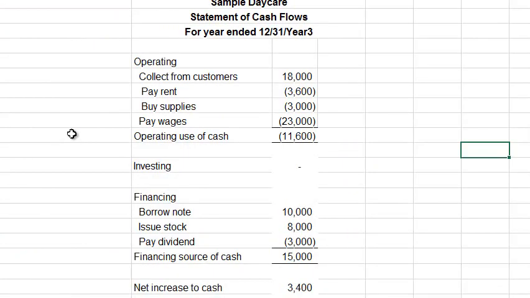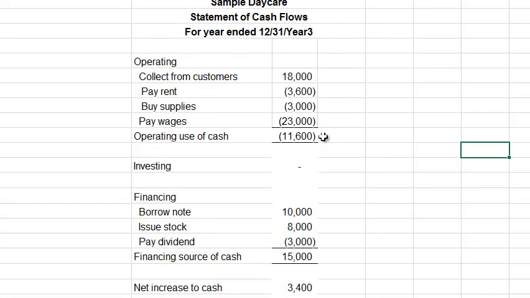This time we'll start at the top. Notice the dating. The dating is the same as the income statement and the statement of retained earnings and the statement of cash flows. All three of those have the same dating. The balance sheet again was the oddball. These are the things that we decided were operating cash flows. I have the inflows as positive numbers, the outflows as negative numbers. We have a net use of cash or a net outflow.